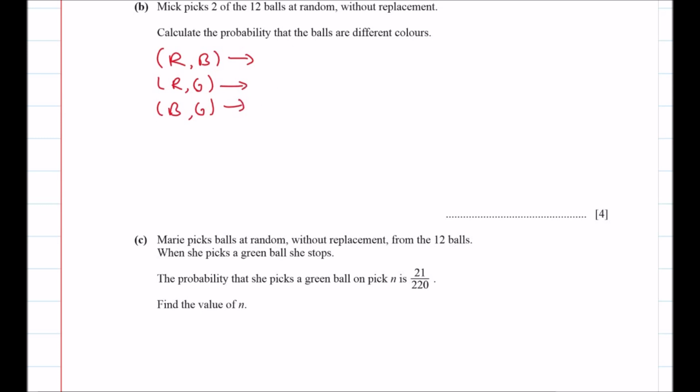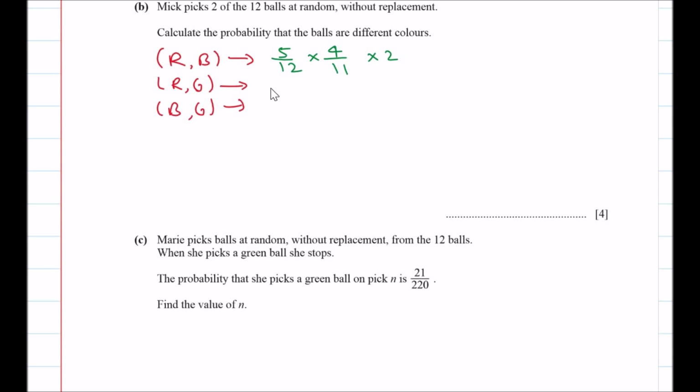So let's write the probability. For red, it will be 5 by 12. And there are 4 blue, but total has reduced by 1, that is 11. And this is for red, blue, and blue, red also it will be same. So we need to multiply by 2. Okay.